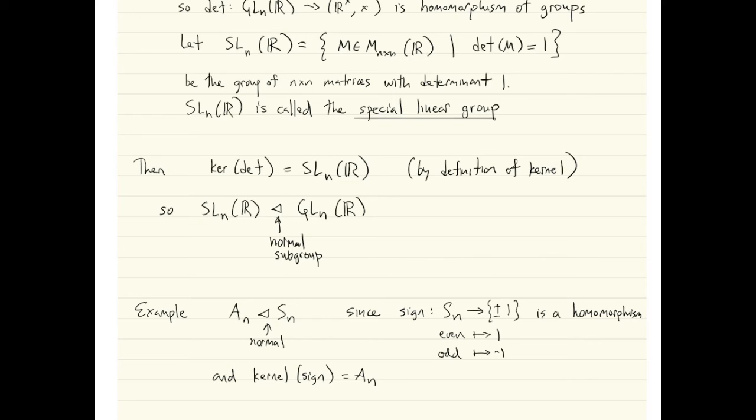And it's a fact that this sign map is a homomorphism, and the kernel then is the elements that map to 1, and those are the even permutations, and AN, the alternating group, is exactly the subgroup of even permutations.